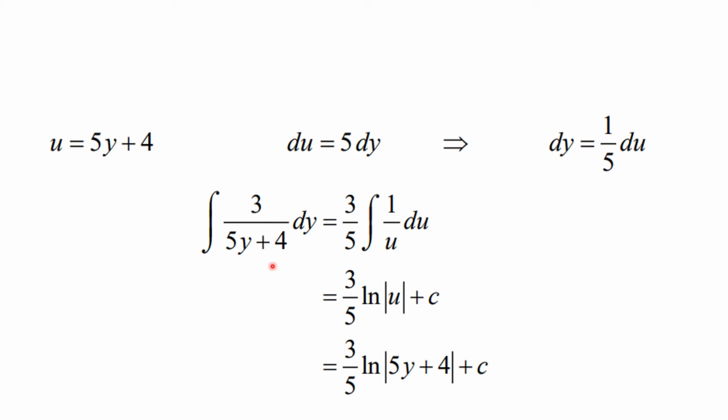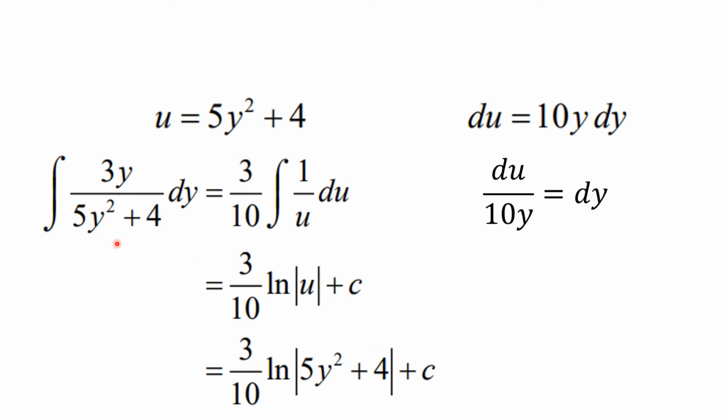If we make all of those substitutions, we can factor out the 3 over 5, and we're integrating 1 over u du, which is the ln of the absolute value of u. And again, the constant, we just let it fly. This is maybe a different constant because you're having 3 over 5 times it. And then we have to substitute back into the original variable to have this as our final answer.